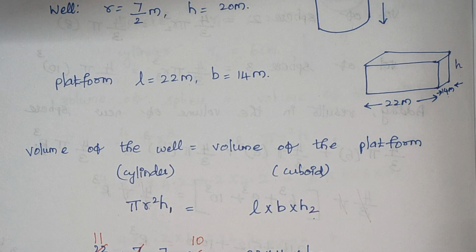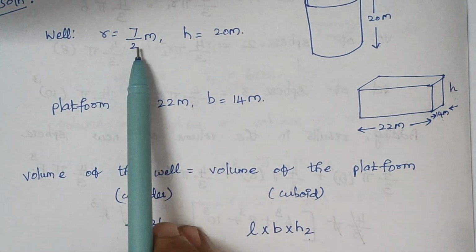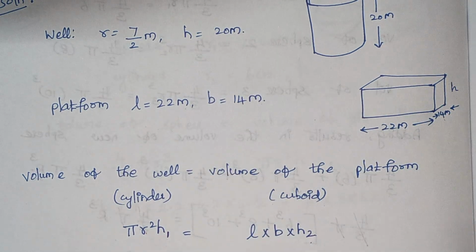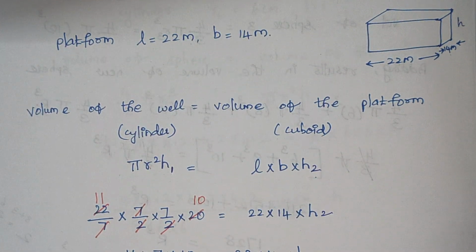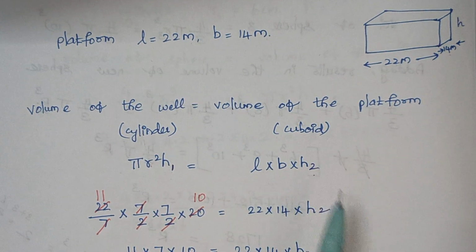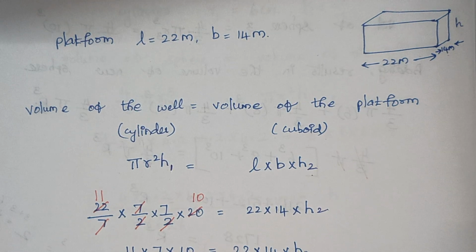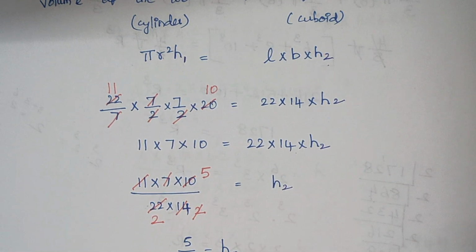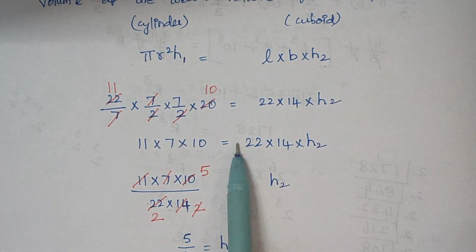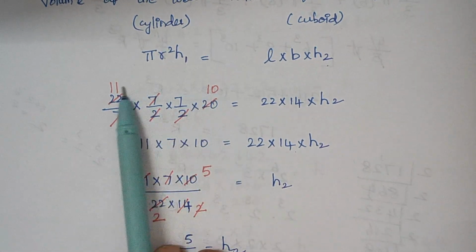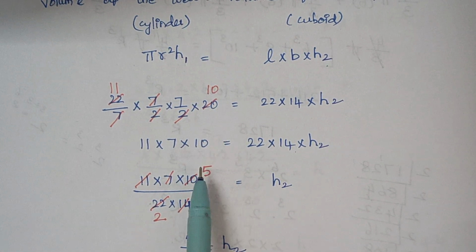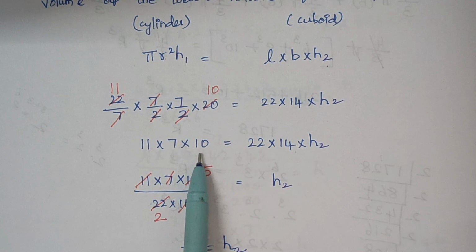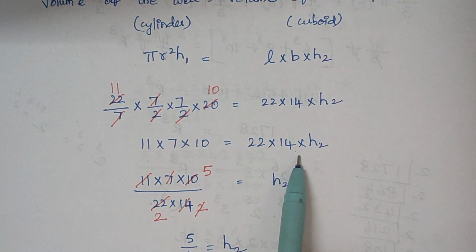Now just substitute the values. For cylinder, we know all the parameters r and h. So just substitute it here. And L and B we know in cuboid. So again substitute the values. Now we need to find h2. So here I am just moving these extra terms. Initially I am cancelling the common terms. Then I have 11 into 7 into 10 which is equal to 22 into 14 into h2.